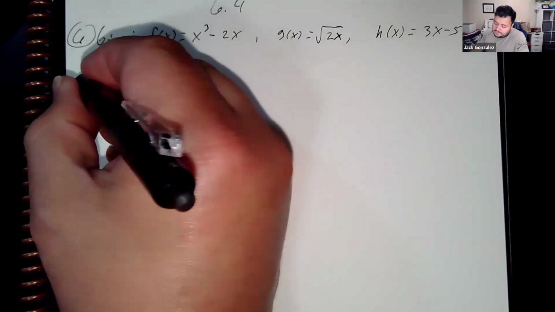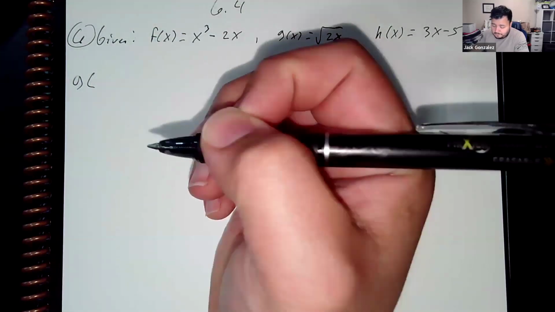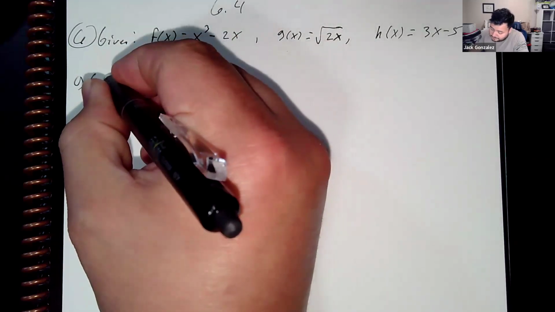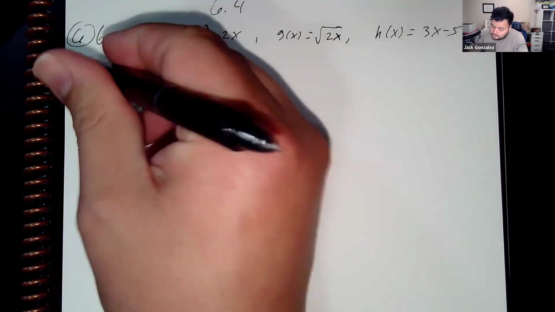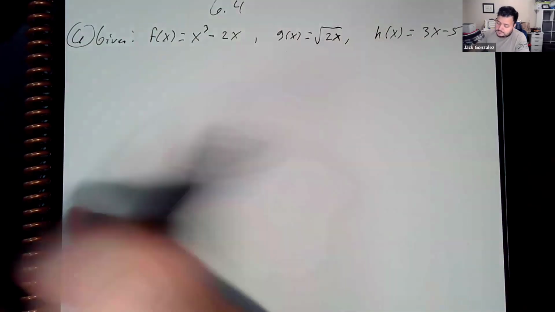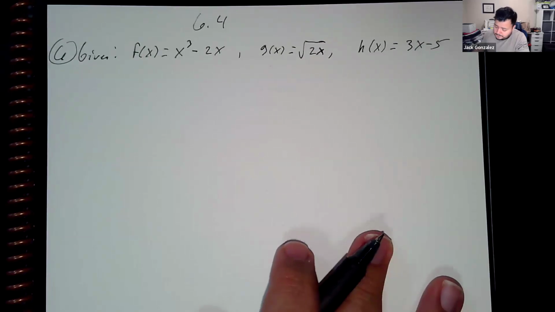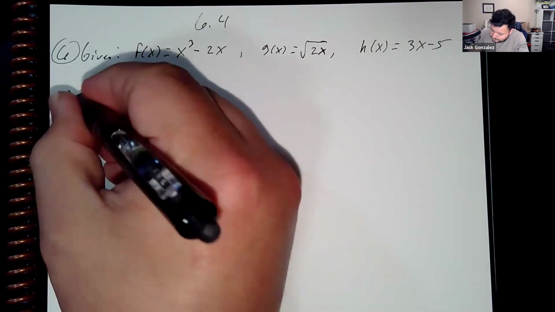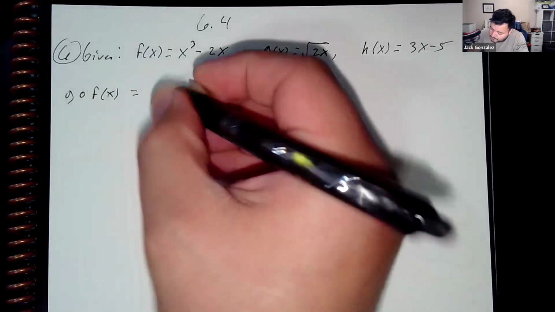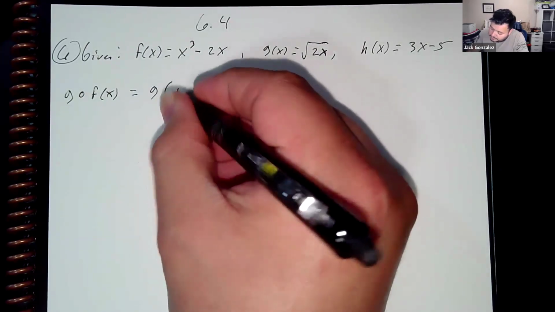Let's go ahead and find it in general because eventually that's what they're going to make you do. So we might as well just do it now. And I'm going to write the notation or the formula just so you remember it. So G composed with F means put the F inside the G.